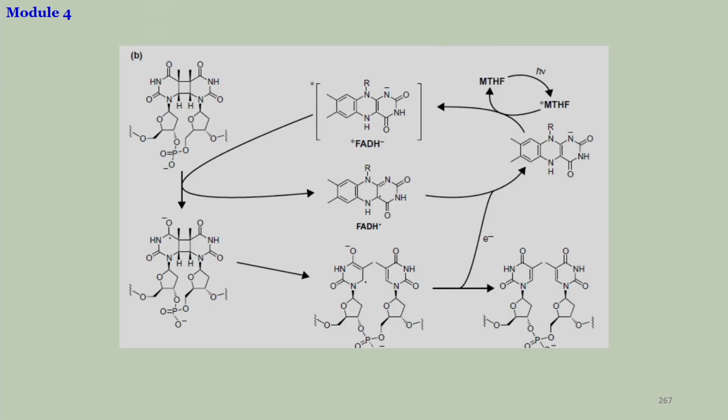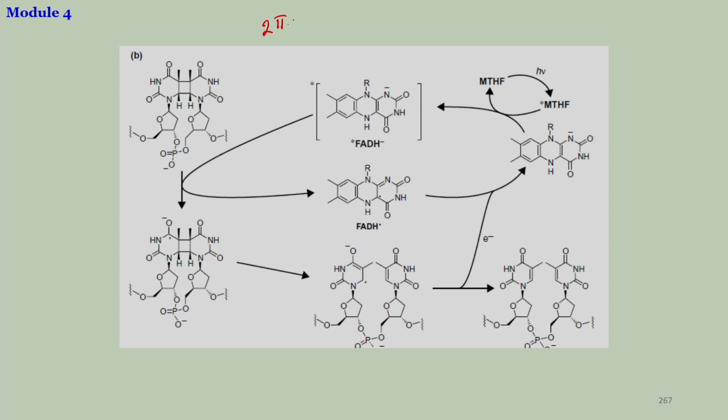What photolyase does is, you have formed the CPD dimer, cyclobutane pyrimidine dimer, through a 2+2 cycloaddition reaction. What the enzyme does is the reverse of it, cycloreversion.